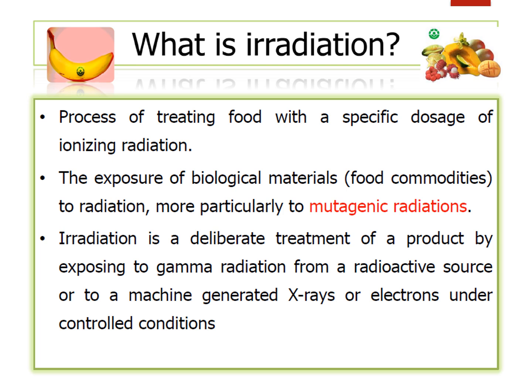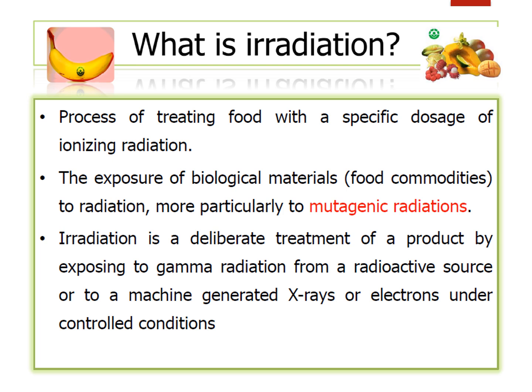Ionizing means it can remove electrons from the atoms. That is, it can ionize atoms. Example, X-ray, gamma ray. The exposure of biological materials, food commodities to radiation, more particularly to mutagenic radiation. Mutagenic means it may cause direct changes in a cell's DNA.